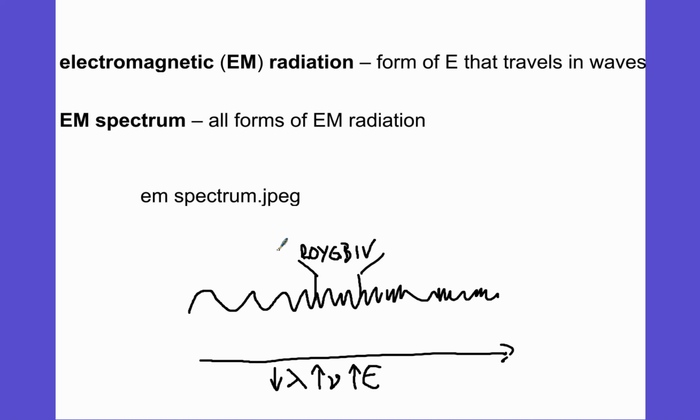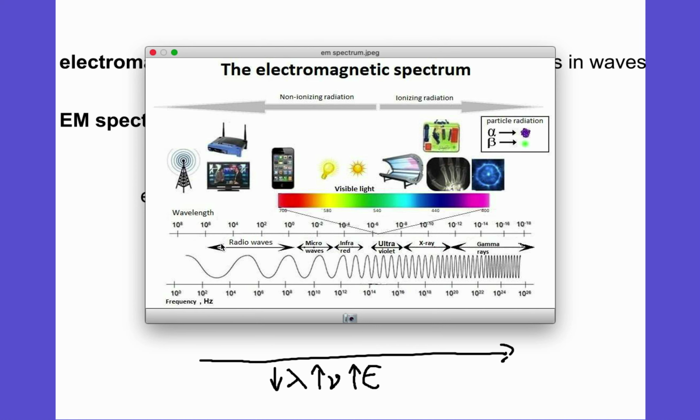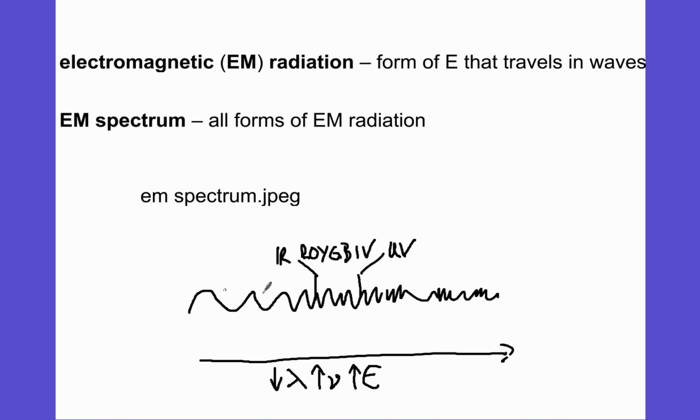Now, just below red is infrared. Just above violet, in terms of energy, is ultraviolet. We're going to talk about those things later in these notes. But there were other points of interest too. You've got things like radio waves and gamma rays and X-rays that could go on this spectrum.